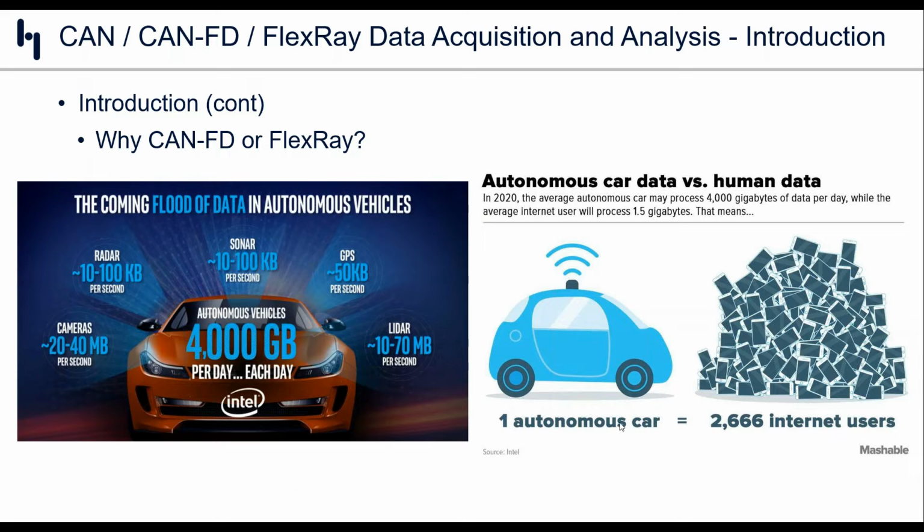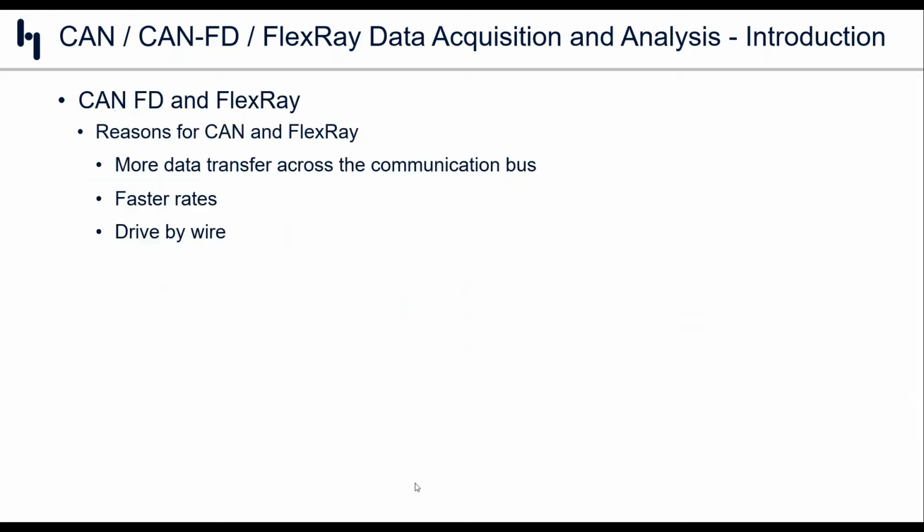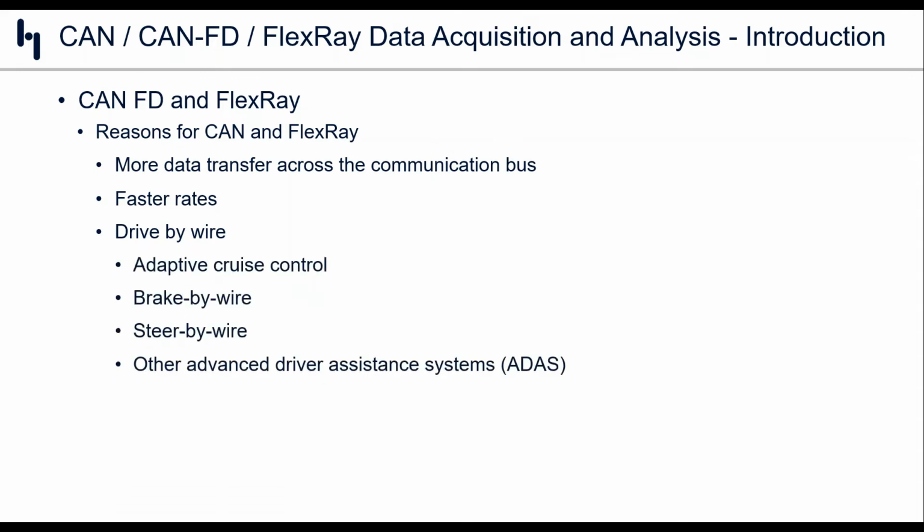So this shows the amount of data that could happen with an autonomous vehicle. There's a lot of data that needs to be transferred, not only possibly from car to car, but within the car itself, amongst the sensors and various systems that you have in today's modern vehicles. So reasons for CAN and FlexRay: this provides for more data transfer across the communication bus at faster rates, and for drive-by-wire applications like adaptive cruise control, brake-by-wire, steer-by-wire, and other advanced driver assistance systems like ADAS.